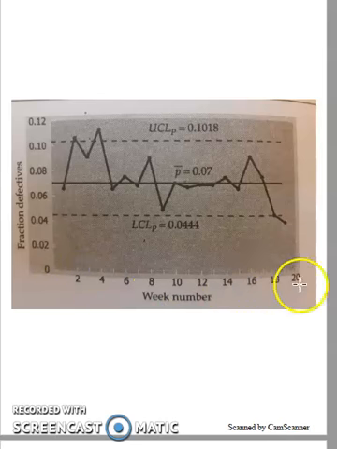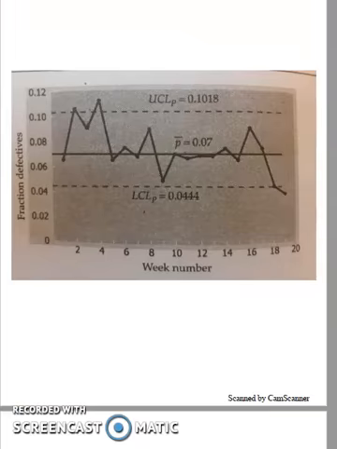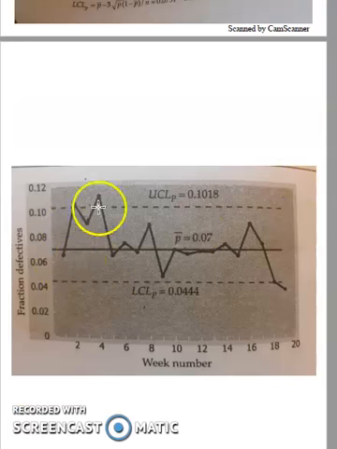Here there are 19 weeks, and here is the fraction defective which you have calculated, in the third and fourth columns. You have to use those values on this chart.